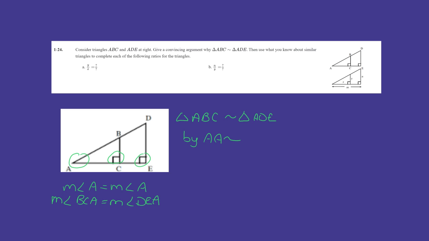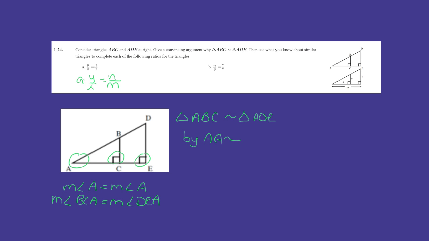As to finishing off A and B, if you take a look at the shapes, I've got Y over X. Well, that's got to equal the same ratio on the other side because of the similarity. So Y over X would equal N over M, because we have 2 triangles that are similar, so the ratios have to be equal.